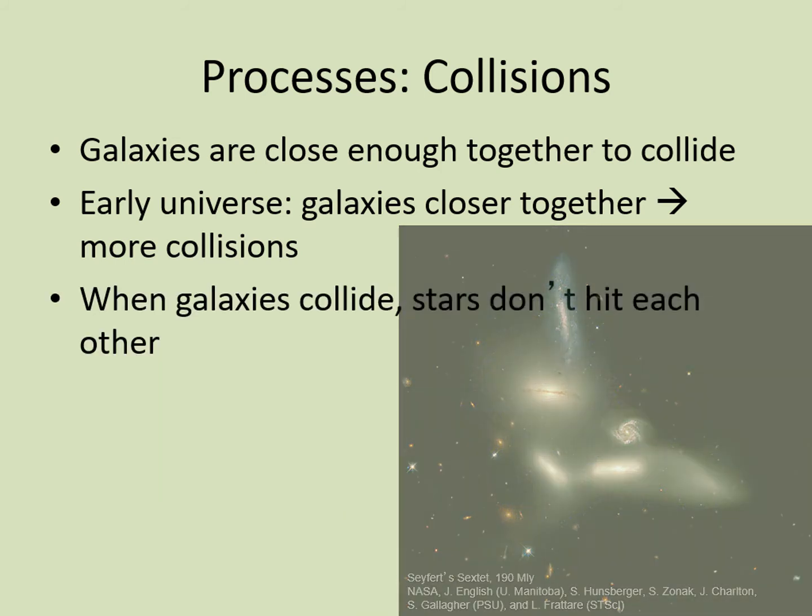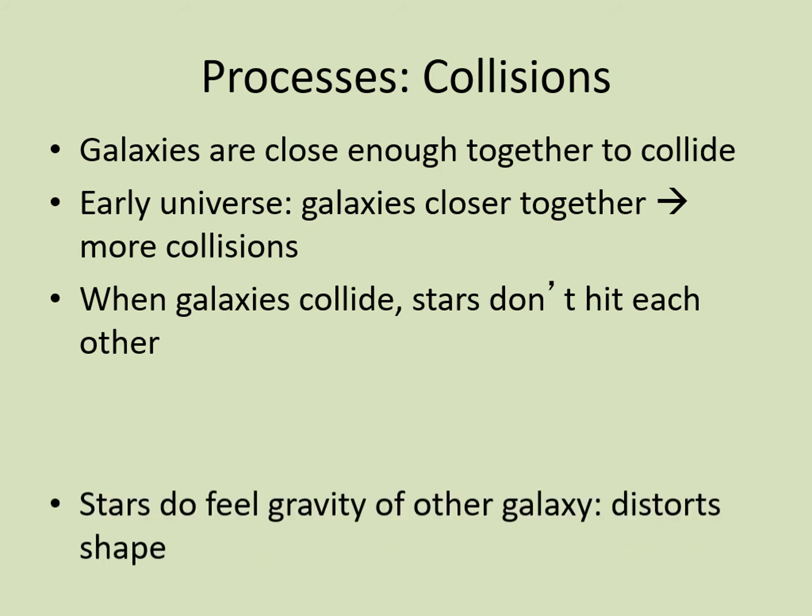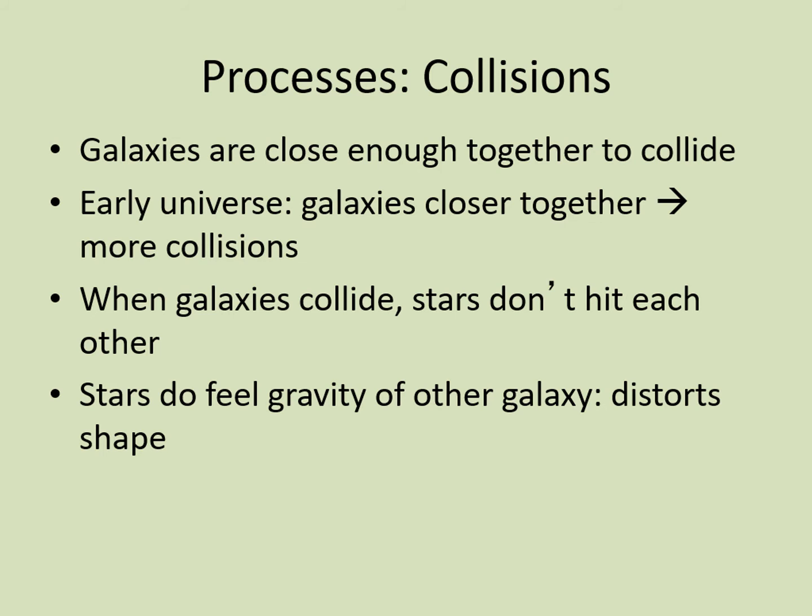When galaxies collide, the stars don't actually hit each other. As we just saw, they're too far apart compared to their own size to have much chance of colliding. So the two galaxies seem to pass right through each other. However, while the stars don't collide, they do feel the gravity of the other galaxy as it moves through their own.